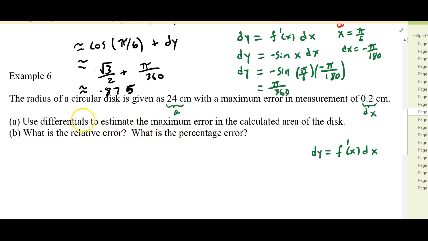But yeah, part a says use differentials to estimate the maximum error in the calculated area. So therefore, the function that we're trying to measure the error in is the area function for a circle. So the f that we're going to use, we're going to call it A. So let's let, for part a, A equal pi r squared.